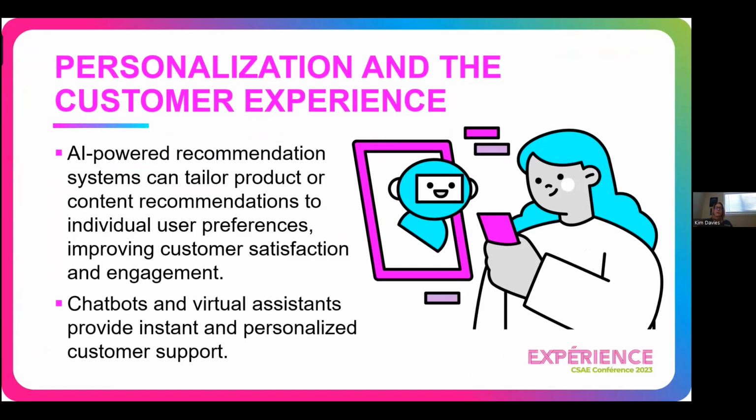Personalization in the customer experience. Again, we've touched on this briefly, but by utilizing AI to personalize your audience or member experience, it's going to greatly enhance their engagement with you. A couple of top benefits AI can achieve here is by delivering tailored content recommendations.